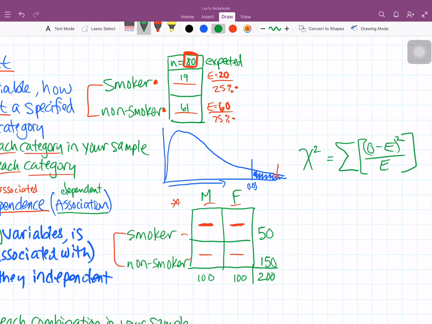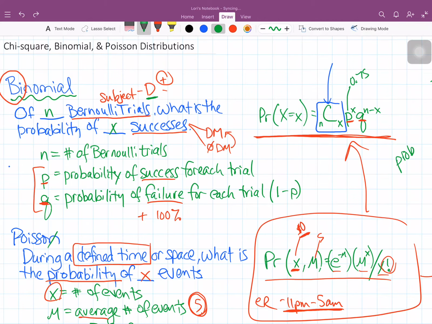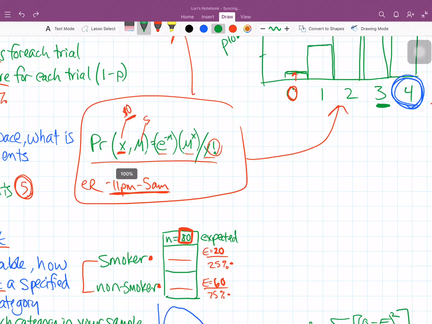And I think most people would say no. 19, 20, it's kind of close. I'm not expecting to get exactly 20. It'd be kind of interesting if I did, but 19, that's not out of what I would expect to be sort of ordinary.